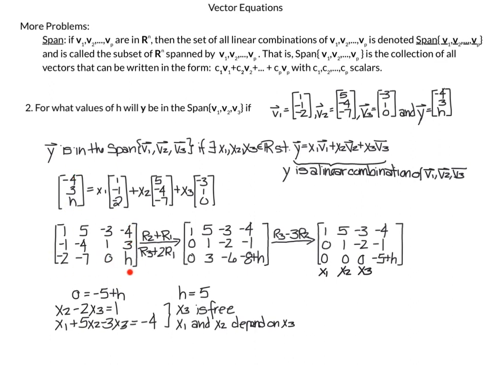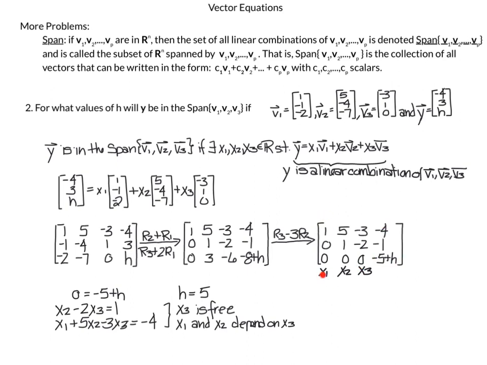So I row reduce with h just as some variable, and I get the echelon matrix, reading down the columns, 1, 0, 0, 5, 1, 0, -3, -2, 0, and -4, 1, -5, h.